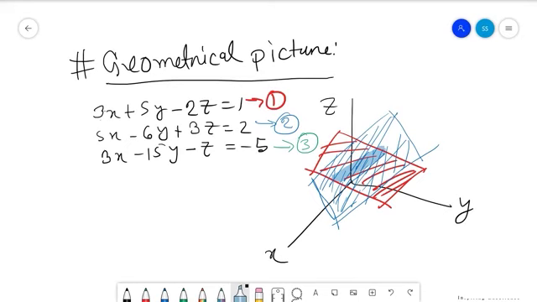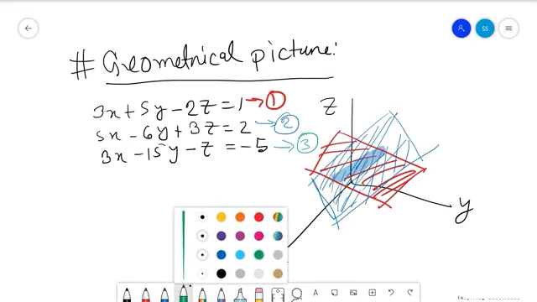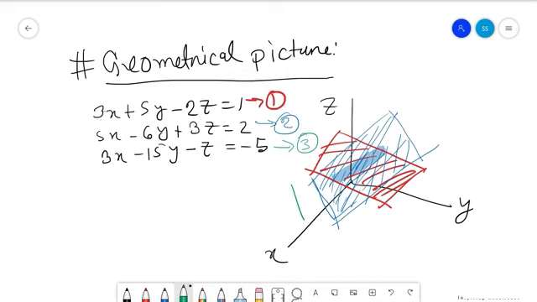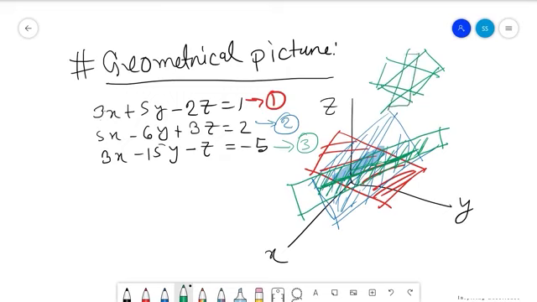And what will happen when the third equation is used, right? Let's say the third equation will have a plane like this that goes through between both the first one and the second one, and for that it will have another line corresponding to it. So even though the picture is a bit messy, the idea is that these three planes, when they intersect each other, will give us a unique point that corresponds to some x, y, and z, and that is our unique solution.